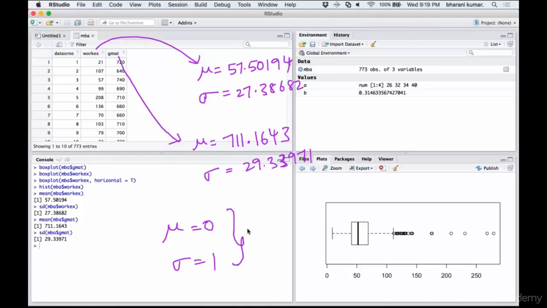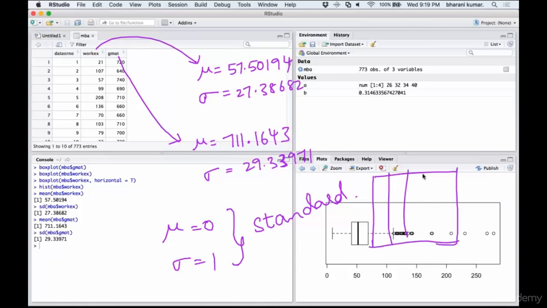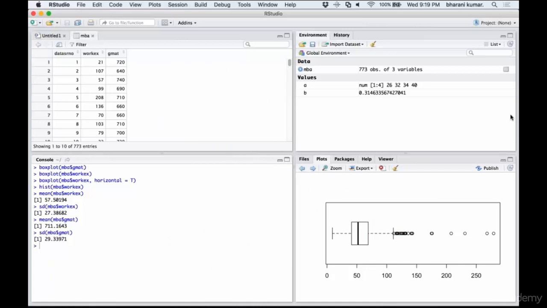What are the advantages if you can represent each and every random variable using standard mean and standard deviation? The advantage is that you can have some kind of standard mathematical tables which will help you do a bunch of analysis. I'm just speaking about standardizing things, that's it. Can we do this? Oh yes, we can do this. Why should we do that? I'll explain you all in just a moment.